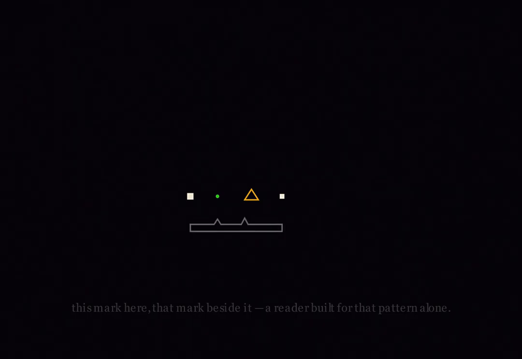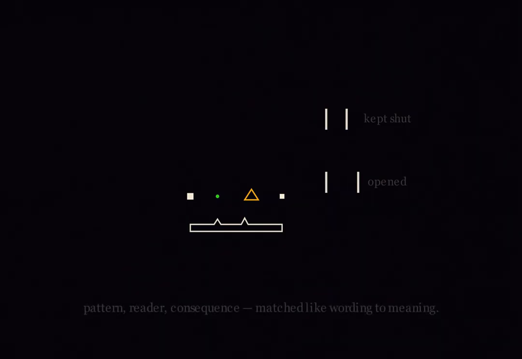A precise pattern of marks on a packaging protein, this mark here, that one beside it, is bound by a precise reader whose whole shape is built to recognize that pattern and no other, and the outcome follows specifically. This gene opened, that one kept shut.